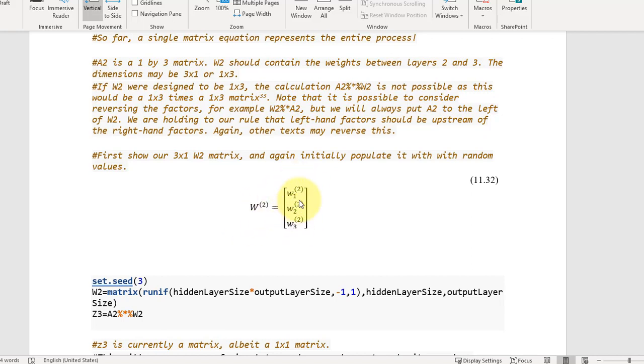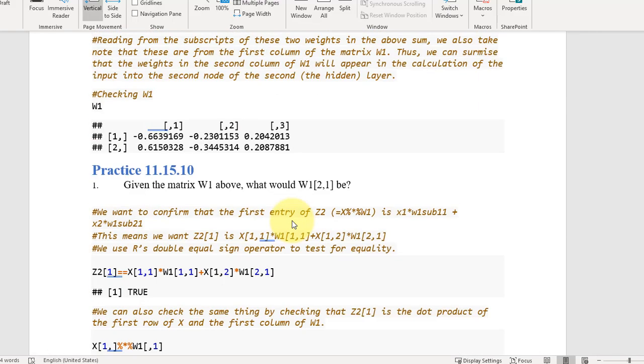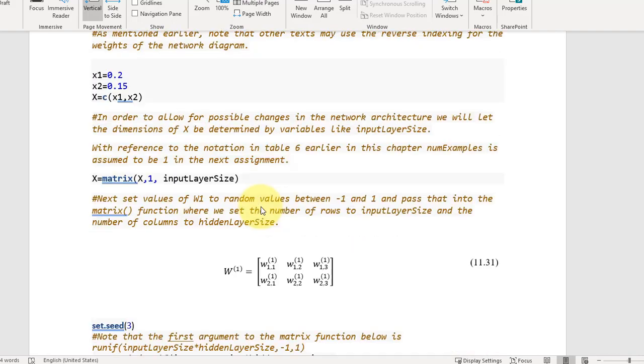We're going to need the derivative of J with respect to this weight, the derivative with respect to this weight, and then also for all these weights also. So we need the derivative for each one of these, because that's how we're going to change each one of these, by using, just as we did before, the updating formula that depends on the derivative of J with respect to each one of these.